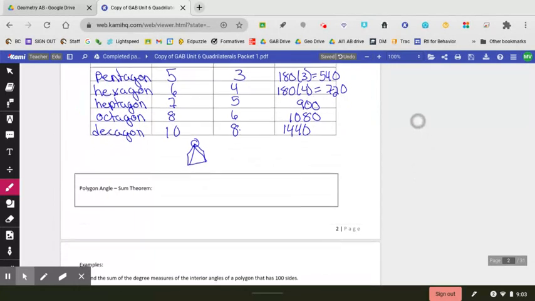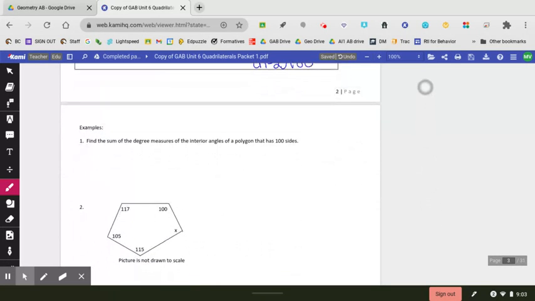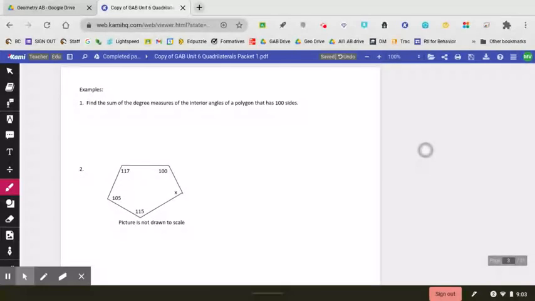So our theorem, which you must memorize, the polygon angle sum theorem, is for any n-gon, where n is the number of sides, it's (n minus 2) times 180. So we can do some examples.